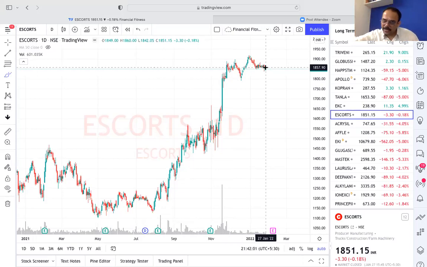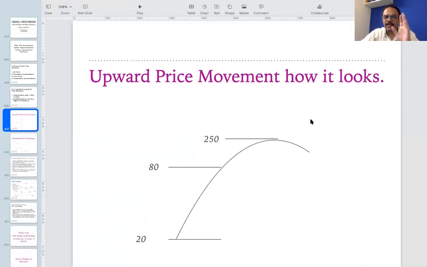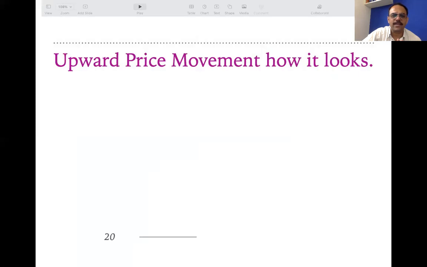It might also correct, it might also come down, because if buyers are not enthusiastic and it has gone to 250 rupees and is trading at 250, the sellers will also realize that "250 में बेच नहीं पाएंगे," they will not be able to sell at 250.